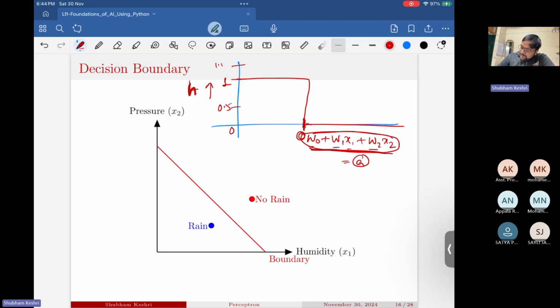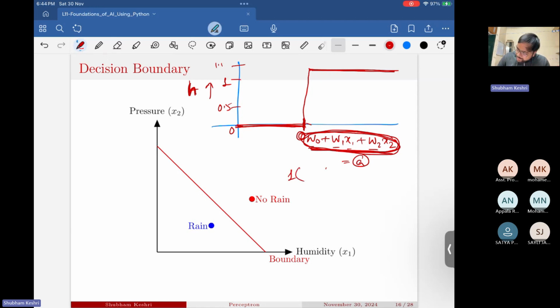When this value is less than 0. So I have drawn it the other way actually, so it should be the other way. This is how it should be drawn. So it means when this value is less than 0, then the line is like this, that is the y value is 0. When this value is more than 0, then this is the value. It is a step function.